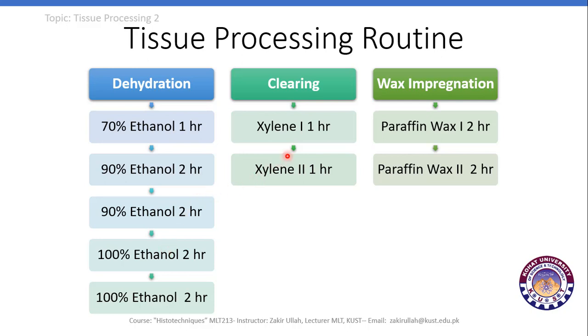After that, the clearing agent, that is xylene, for 1 hour and the second change of xylene for 1 hour. And for wax impregnation, the first change is for 2 hours and the second change is also for 2 hours. So this is a general picture of the routine tissue processing.